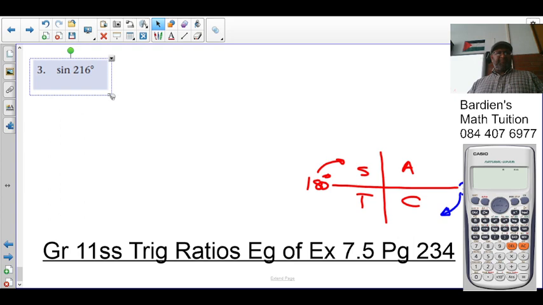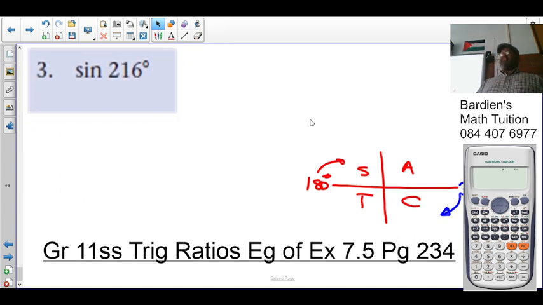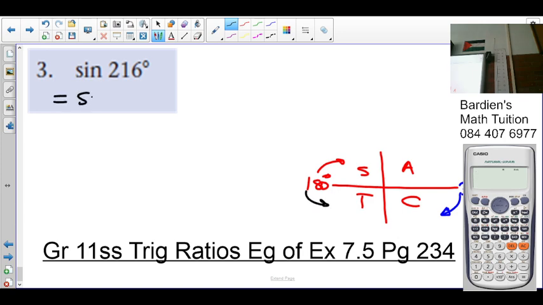Here we got sine of 216 degrees. Which quadrant is 216 degrees? The third quadrant. How do we get into the third quadrant? So that is going to be sine of 180 plus what? 36. Okay.